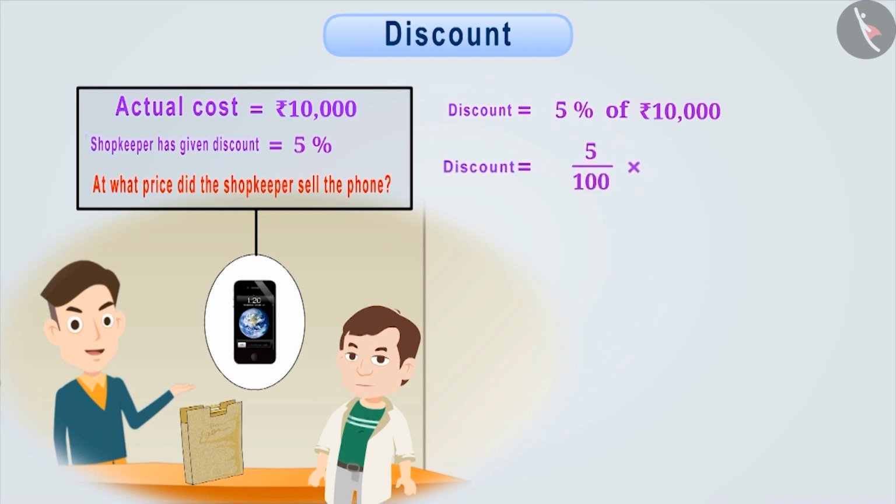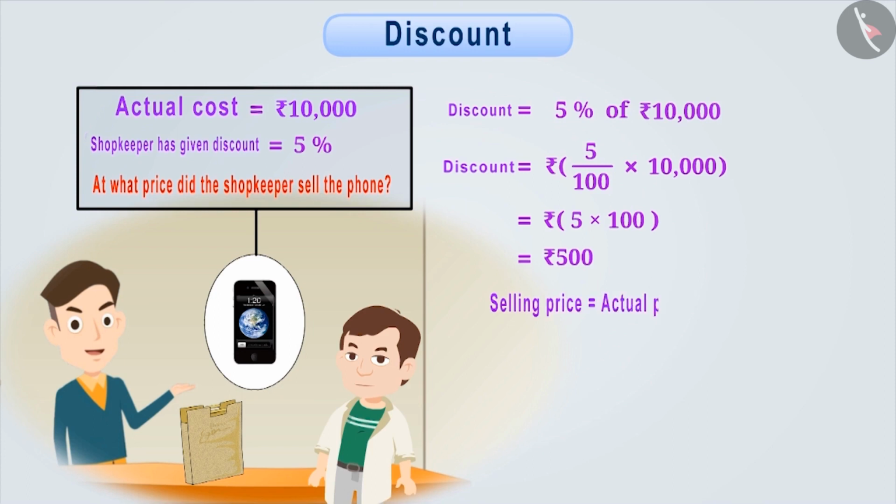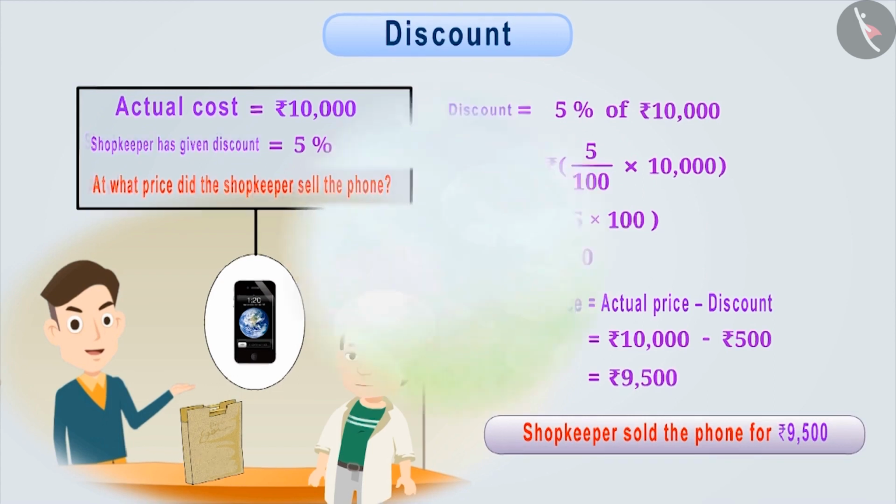That means 5 by 100 into 10,000, which is equal to 5 into 100, which is equal to rupees 500. Therefore, selling price is equal to actual cost minus discount, which is equal to rupees 10,000 minus rupees 500, which is equal to rupees 9,500.